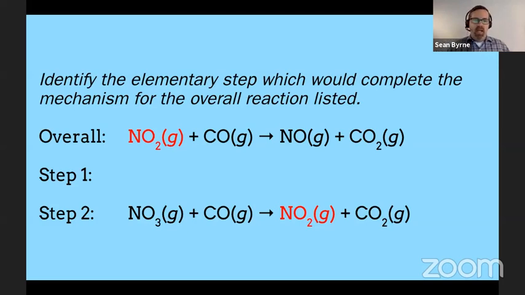Remember, we're going to add together step number 1 and step number 2 essentially to get to the overall reaction. So the only way that we would be able to do that would be by having 2 NO2s in step number 1. So that these 2 NO2s in step number 1, when they balance out with one of the NO2s in step number 2, would leave us with a net of 1 NO2 in the overall reaction.